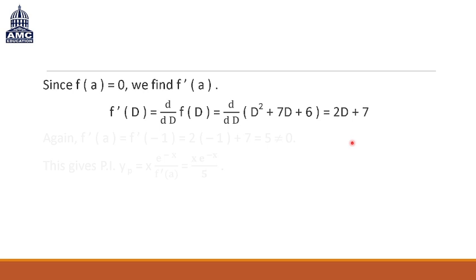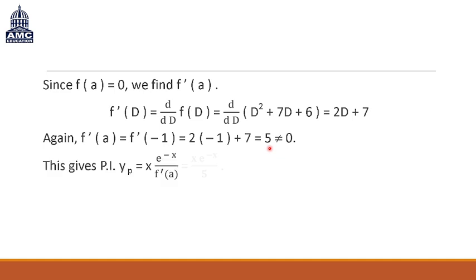Again, we find f dash of a. So f dash of a is equal to f dash of negative 1 because a is equal to negative 1. Then we substitute negative 1 in place of D in 2D plus 7, and that gives us 2 multiplied by negative 1 plus 7, which is equal to 5. And this is not equal to 0. Hooray!